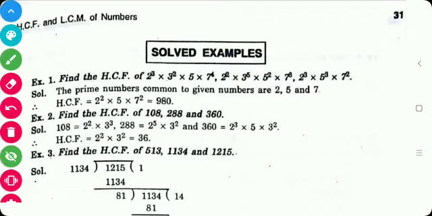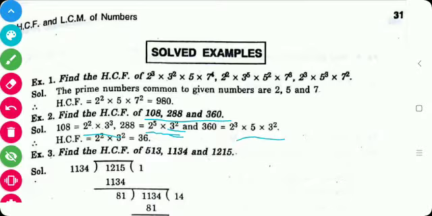Second example: find the HCF of 108, 288, 360. Here we can use the factorization method. The factors of 108 are 2 square 3 cube, of 288 are 2 raised to 5 3 square, and of 360 are 2 cube 5 into 3 square. So these are the factors.